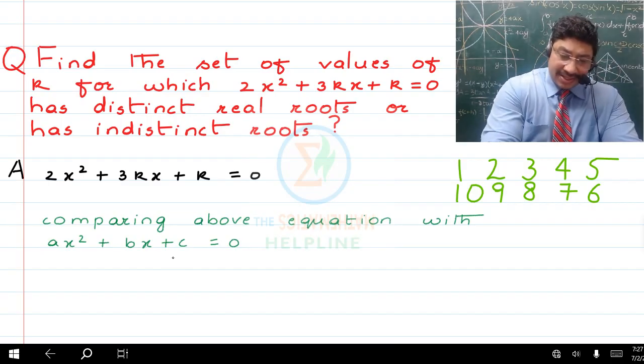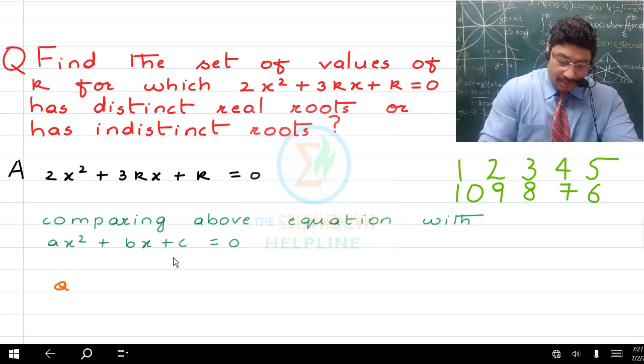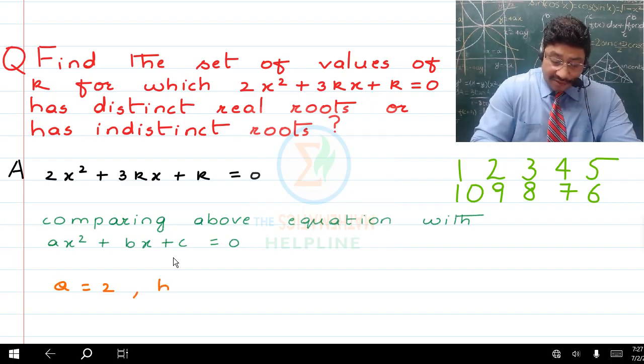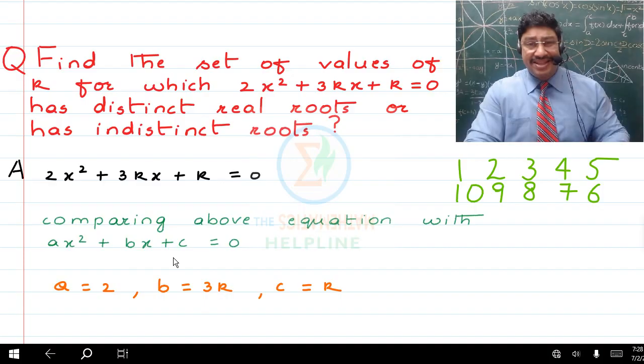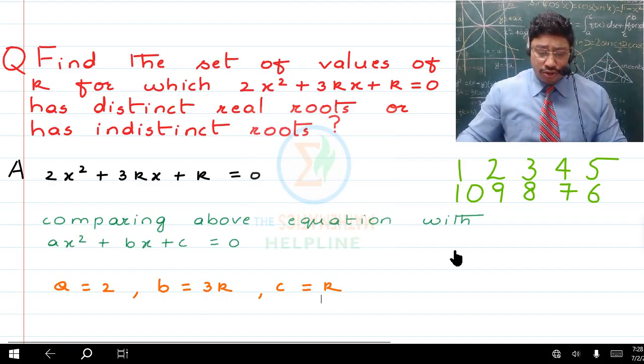So now children, after comparison we get a to be 2, b to be equal to 3k and c to be equal to k, right? So after getting these values, we will directly come over to the discriminant.